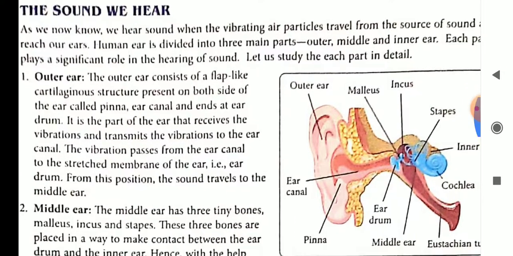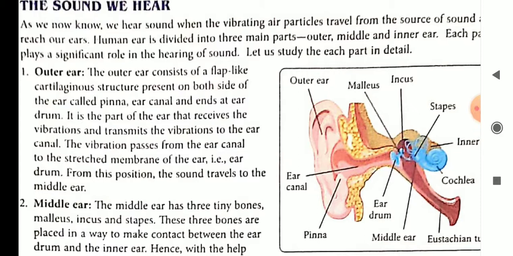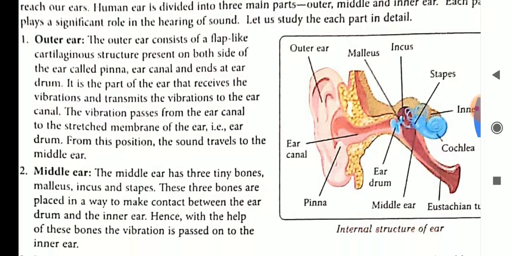So we have to study each part separately, and the many organs there and their functions. So the first part is the outer ear. The outer ear consists of a flap-like cartilaginous structure known as the pinna.